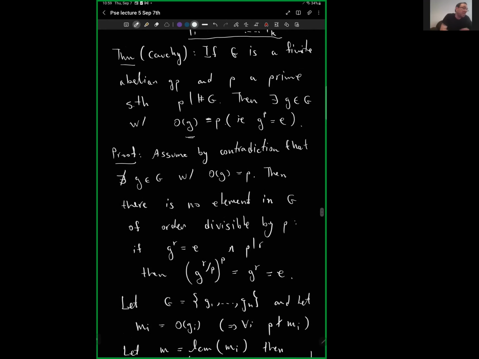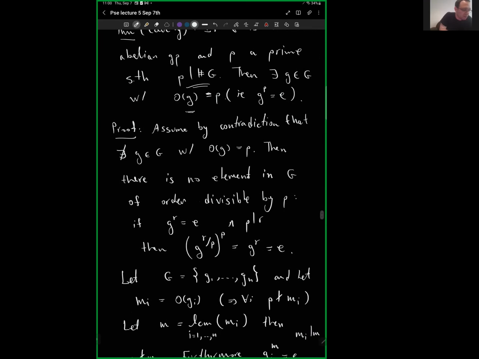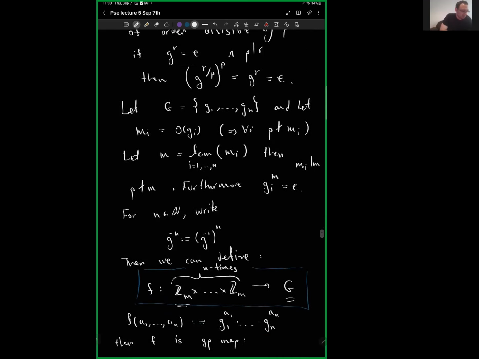The statement of the theorem says that there must be an element of order P. I mean, we assume that P divides the order of the group, and the statement is that there is an element of order P. So I assume by contradiction that there is no such element. Okay, yeah, got it. Makes sense.